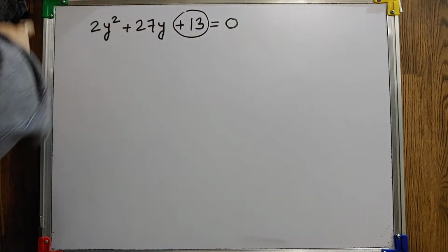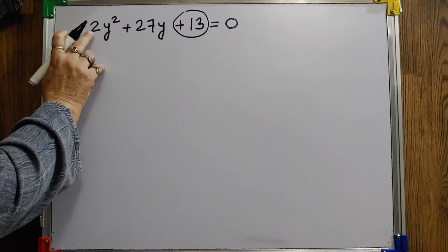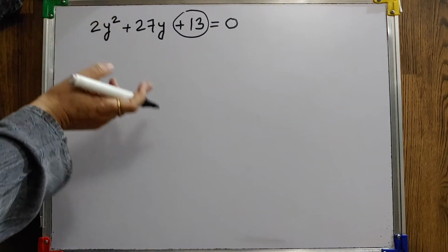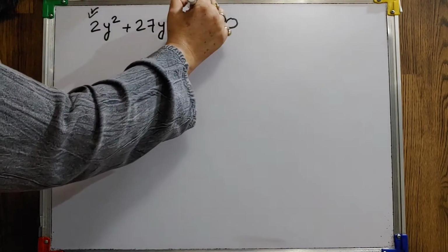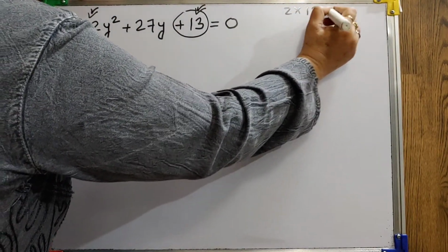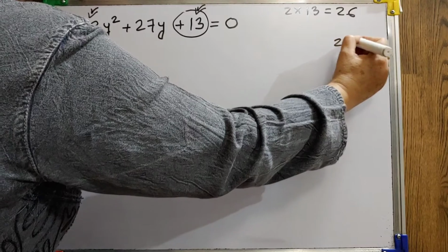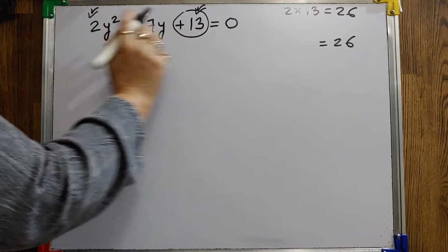But in the previous two equations, my coefficient of x square was 1. But here the coefficient is 2, meaning other than 1. In that case, first you multiply these two numbers. So it is 26. Now find the factors of 26 so that addition is 27.